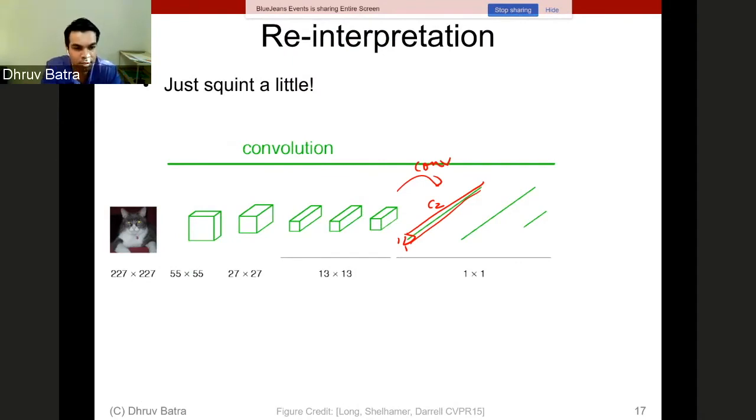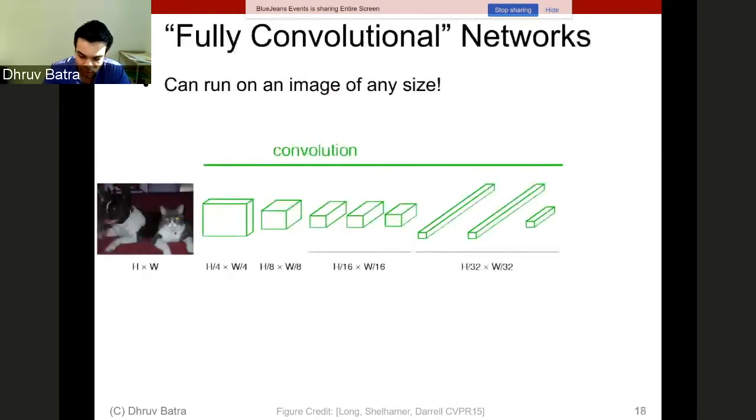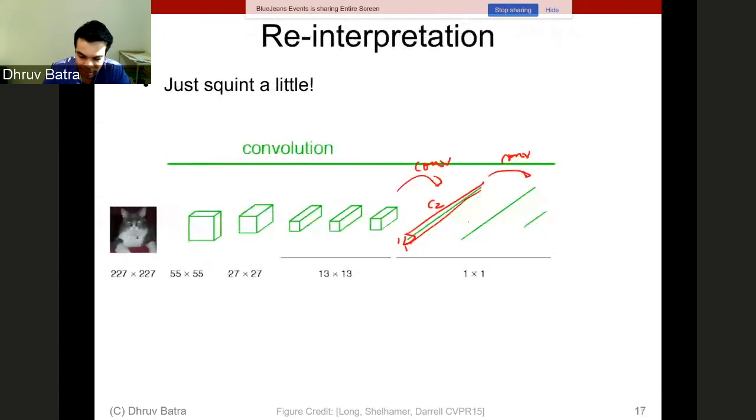Does that make sense? I'll just quickly see if there are any questions about this so far. Okay. So this is a convolution, and then the fully connected layer after that similarly is also a convolution. It is a convolution that also has only one placement, and this time it is a 1 by 1 convolution because the input is also 1 by 1.